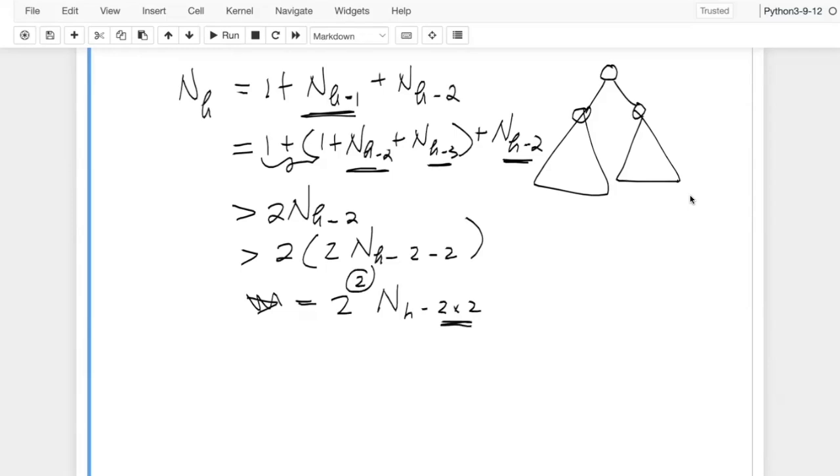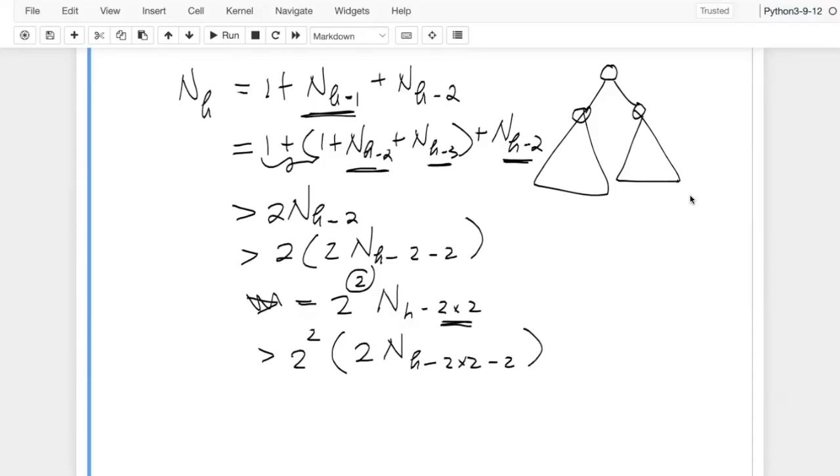If you do one more iteration, you can see this is 2 to the 2, and this is n_(h-2 times 2), and then n_(h-2 times 2 minus 2).